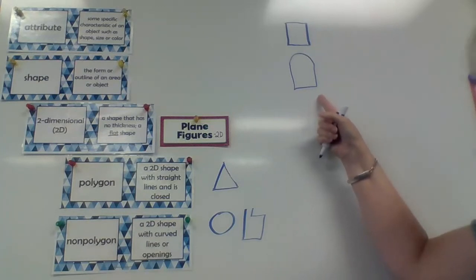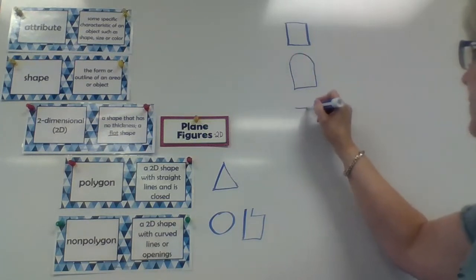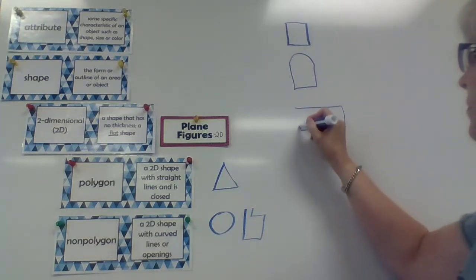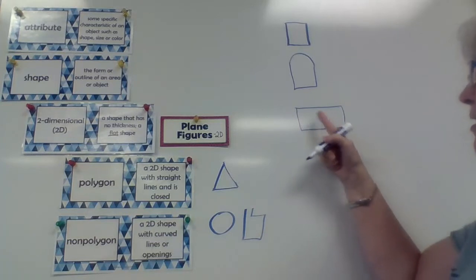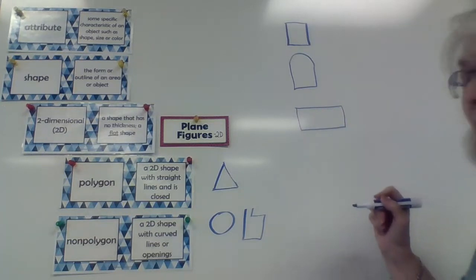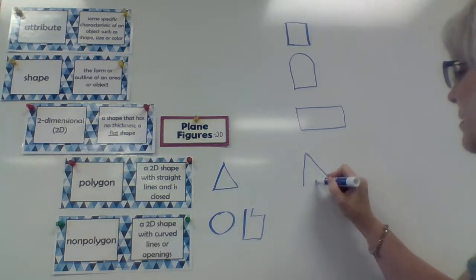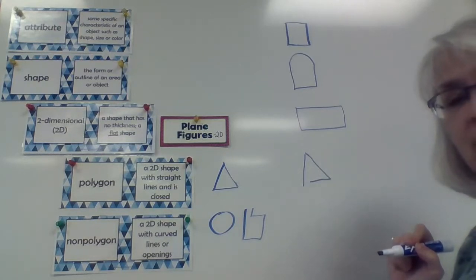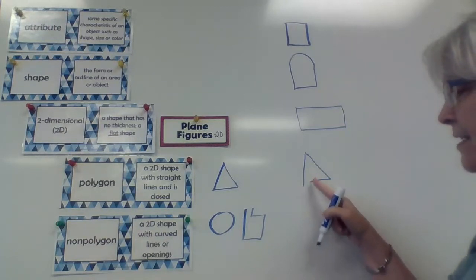All right, this is a non-polygon because it has a curved line. Polygon, non-polygon. Polygon, straight sides, no gaps. Okay, polygon, non-polygon. This is a non-polygon because it has a gap.